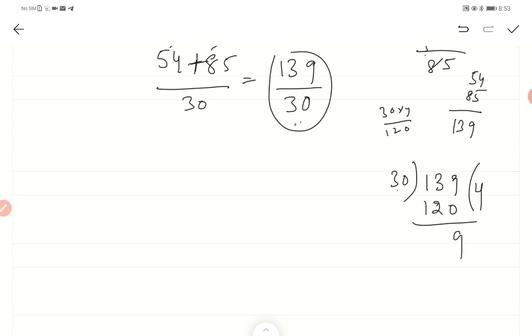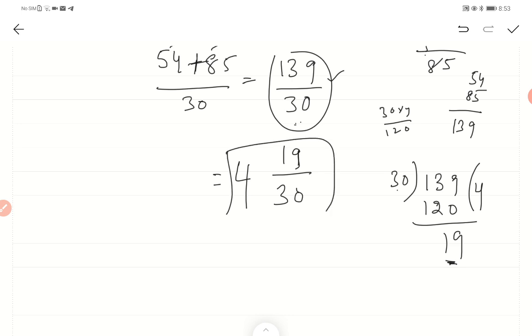So you'll get 4, and here it is 19. So this 19 will not go into 30. So my mixed fraction will be how much? 4 19 by 30. You should become very perfect about this conversion of mixed fraction into improper fraction and back to mixed fraction.